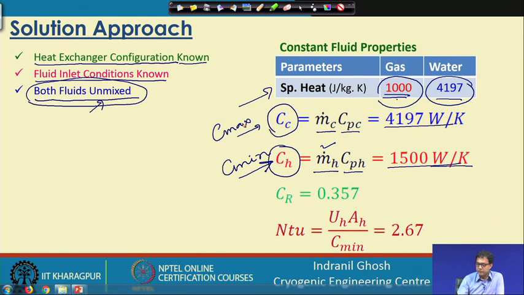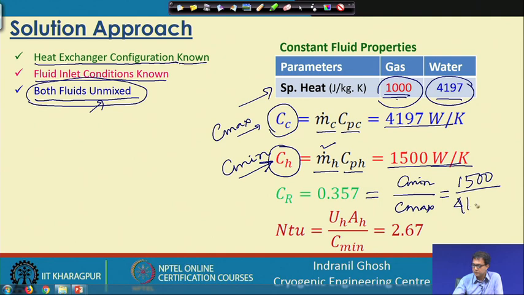So, accordingly we can write that Cr equals C min by C max. We can calculate, this will become C min equals 1500 watt per Kelvin and C max is 4197. So, this will give us Cr equals 0.357.